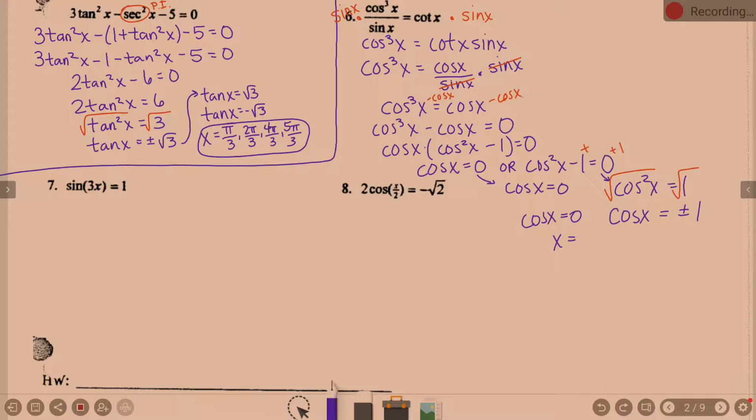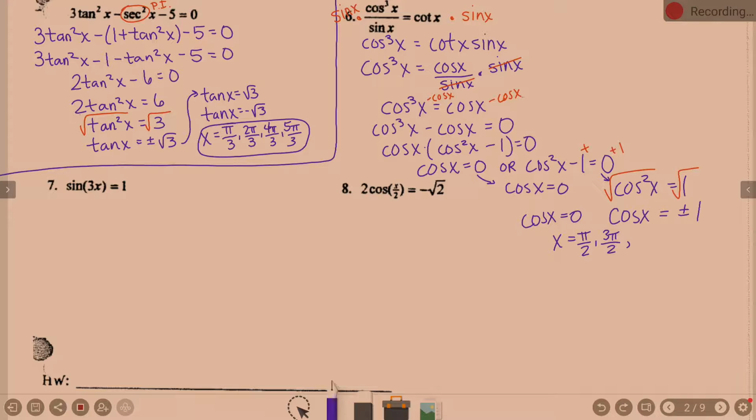So when does cosine equal 0? That's when x is 0. When is x 0? X is 0 at, gosh darn it, there we go, pi over 2 and 3 pi over 2.